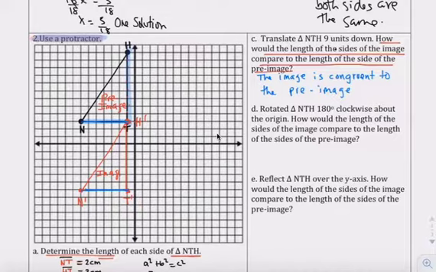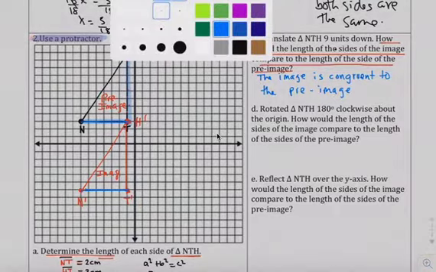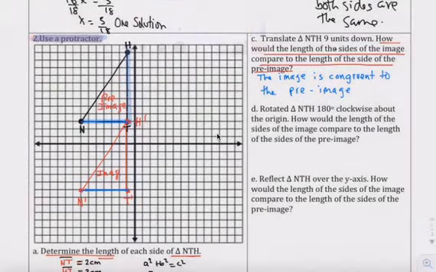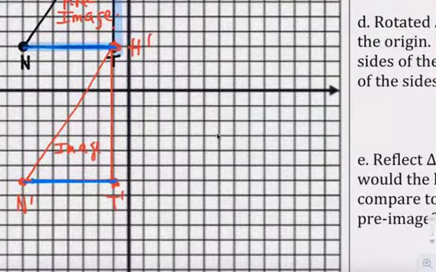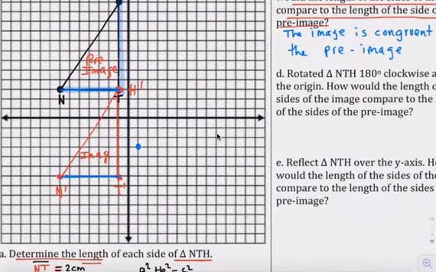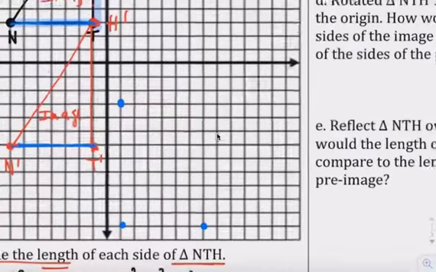Okay, rotate it 180. T would be here. I should put some number in, huh? Makes it easier. H should be here, and N would be here.